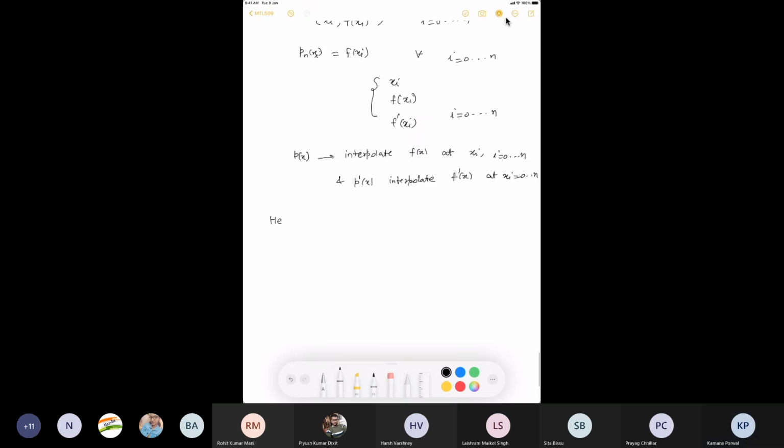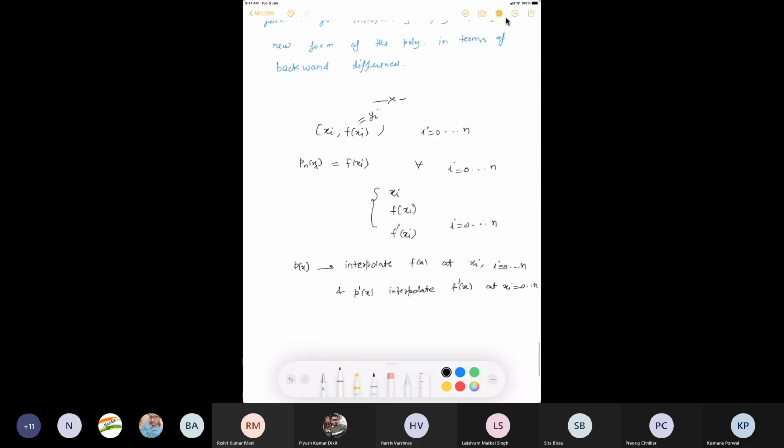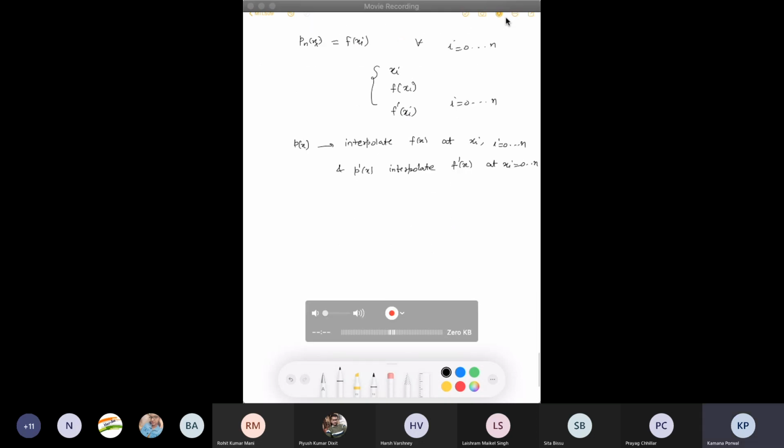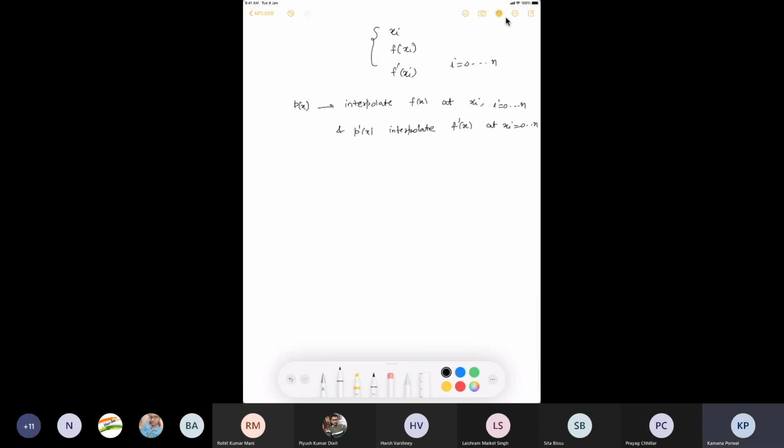Let's try to understand how do we find such polynomials. So let's pose the problem properly first.